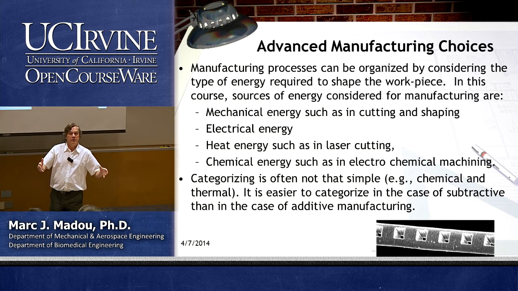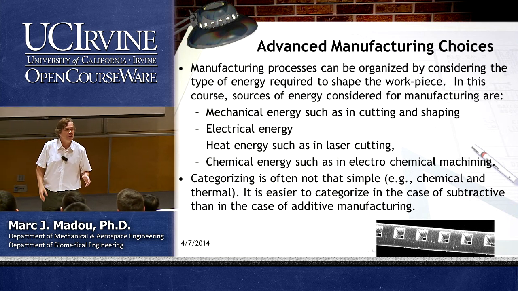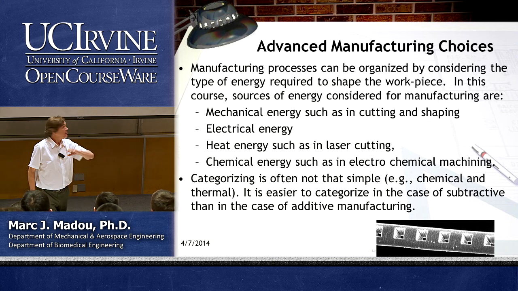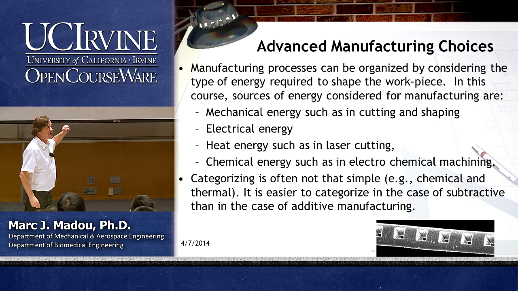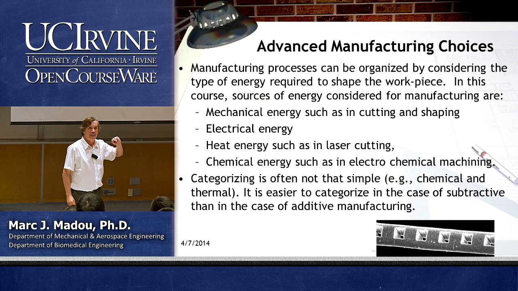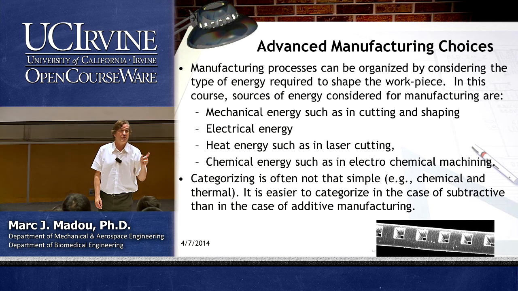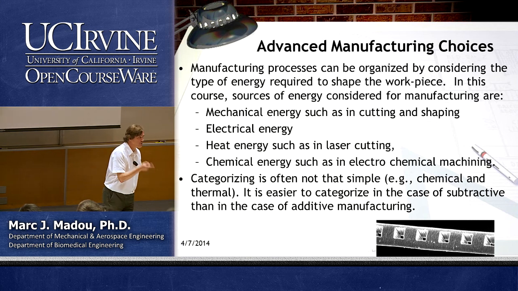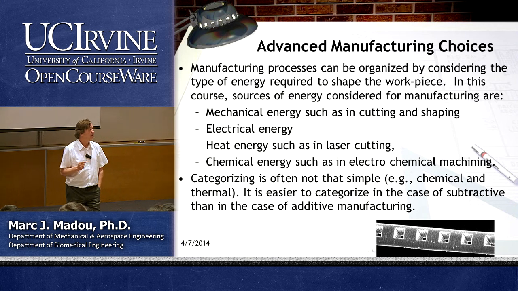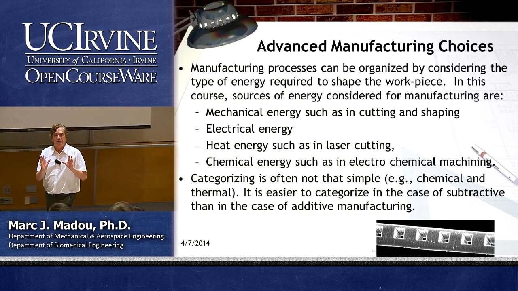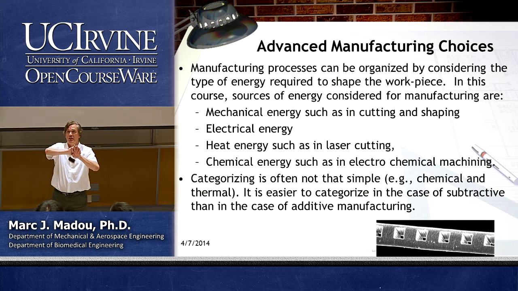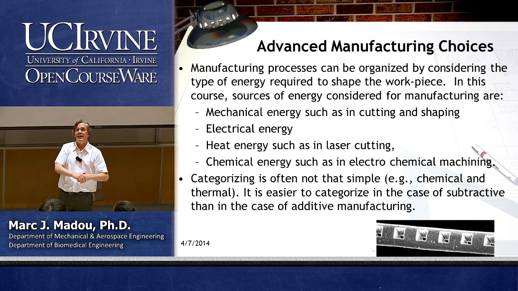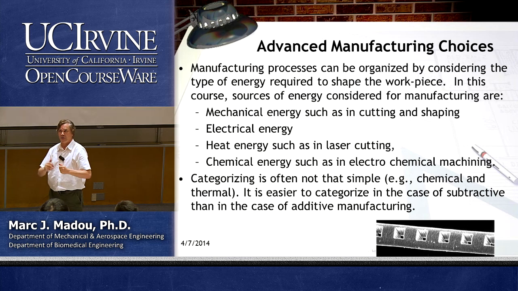So probably you will be asked at one point the question, laser machining. In what energy domain does that fall? And is it additive or subtractive? We will actually see that laser machining can be both. You can deposit something, add something, or subtract something with lasers. So already 2 ways of looking at manufacturing in terms of the energy that you apply to a workpiece and in terms of it either being additive or subtractive.